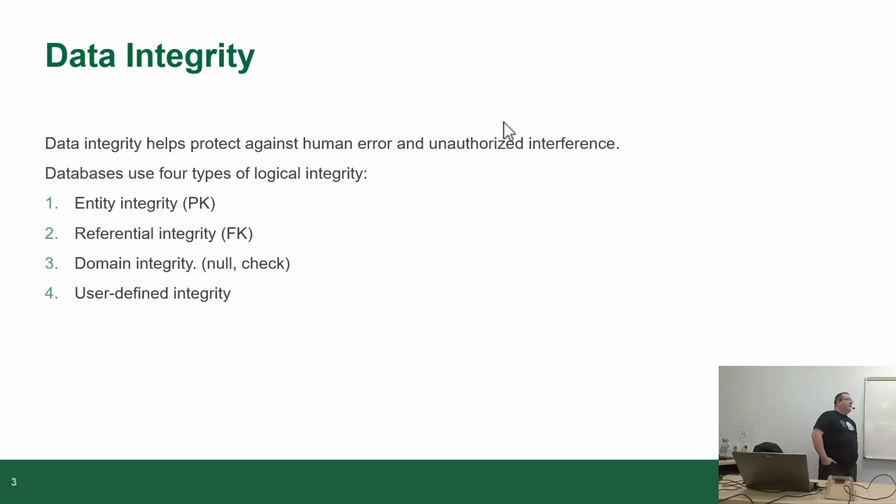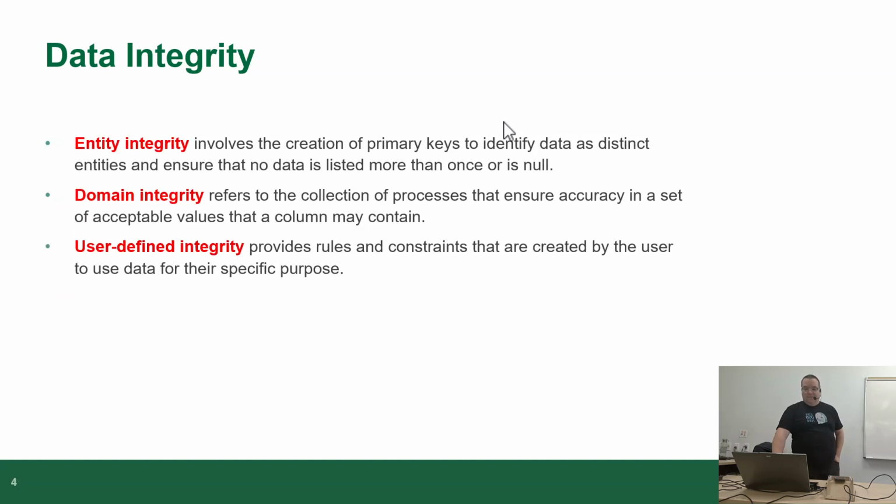Now, here are 2 quick examples, null and check constraints. Domain integrity also goes down to the data types that you use. In other words, you've got to make sure you can't type letters into a field that expects numbers, that kind of thing. And then there's something called user-defined integrity, where you can create functions and stuff to set up your own rules. I'm not going to worry about that this semester.